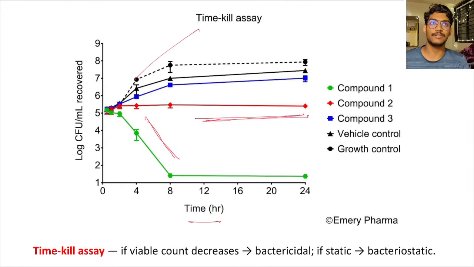Now we have several pieces of information about the antibiotic. First of all, we know if it is bacteriostatic or bactericidal, and we also know the MIC and MBC values. Now we will perform several biochemical and molecular biology experiments to detect the target of the antibiotic.